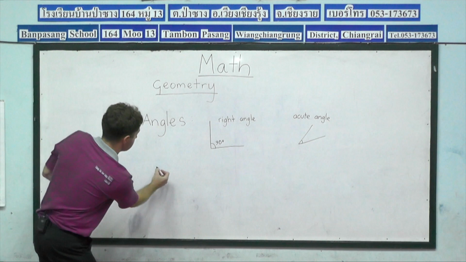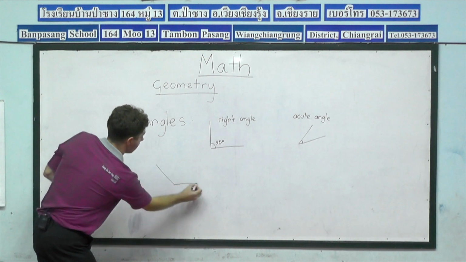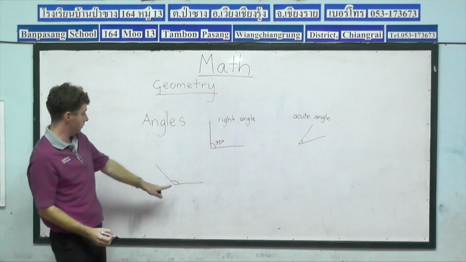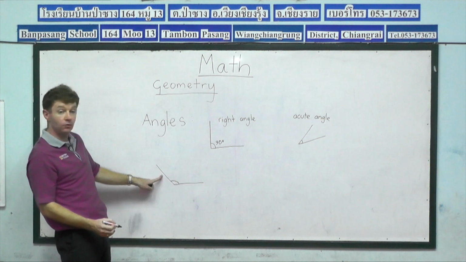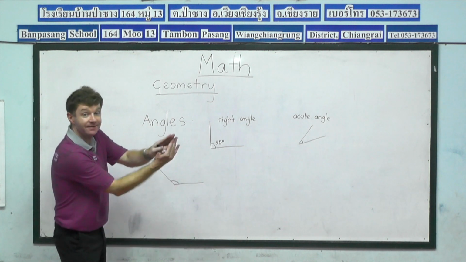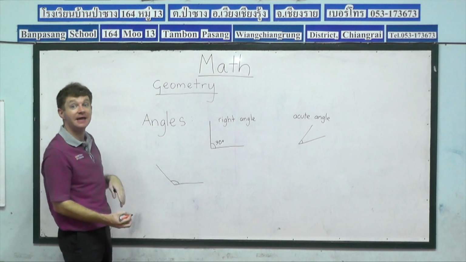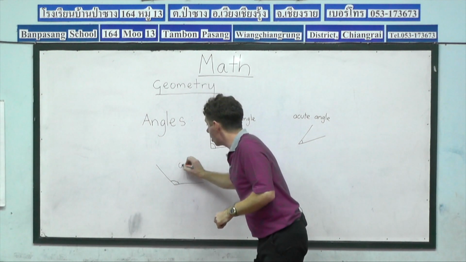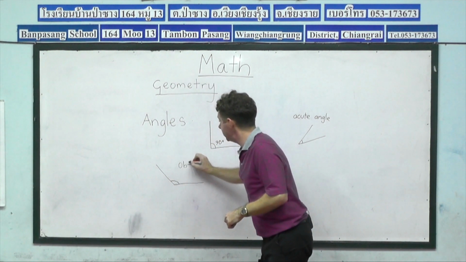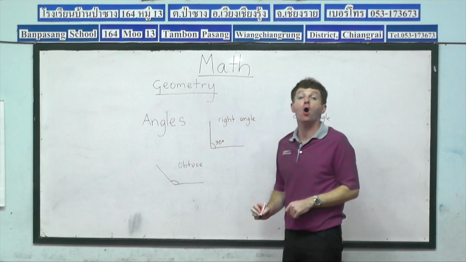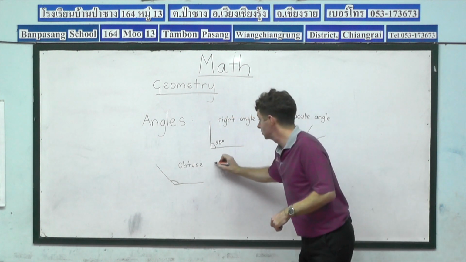Okay, so an angle larger than 90 degrees is like this. You can see we still have our two lines meeting at one point, but the angle is bigger than 90 degrees. So we call this angle O-B-T-U-S-E, obtuse angle.